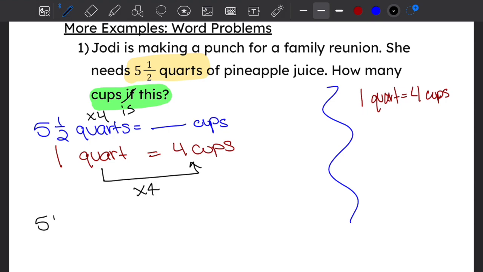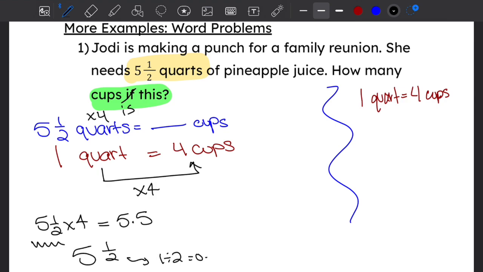So 5.5 times 4. Now, to input this into your calculator, you will need to convert this most likely into a decimal. So that is 5.5. How do we know that? Because 1 divided by 2 is 0.5. If you do that on your calculator, then add it to the 5, that becomes 5.5.